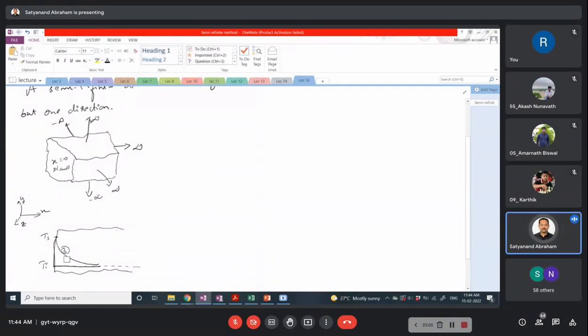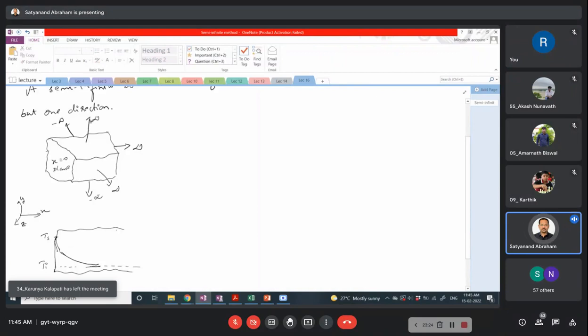Because at the inlet the temperature is going to be there, and at the entry we are going to have the temperature Ts, and it gradually reduces to temperature Ti. So that's what happens at any intermediate temperature.